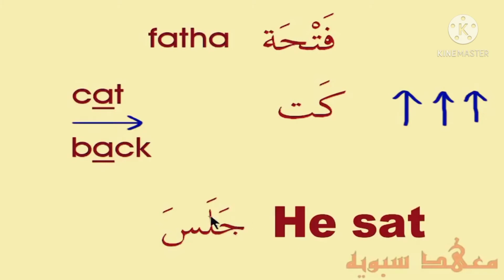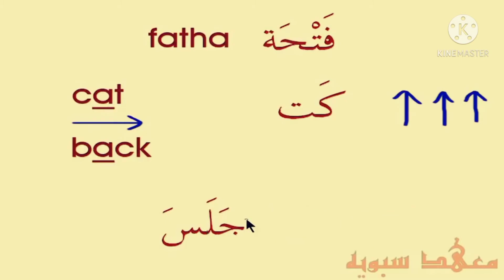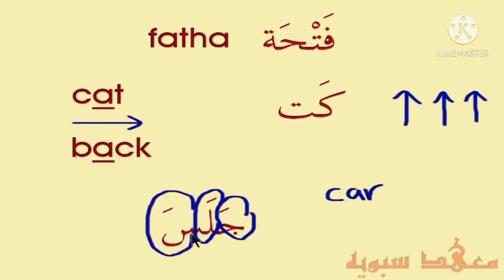And notice we don't elongate. There's no elongation of the sound. So we don't say, for example, when we say the word car, it's car. It's not kar. So this will be one syllable. That's another syllable. And that's another syllable. So there's three syllables. Ja, la, sa.